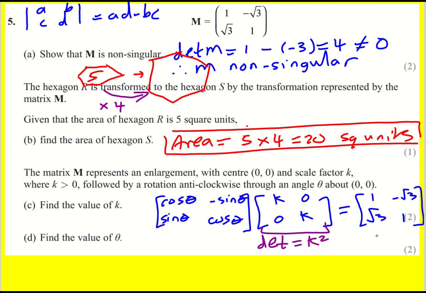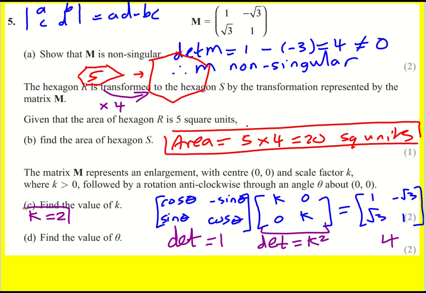But remember, we know that, so we've got 1, that does not affect it, and we've got k squared, and we ultimately get 4, as we know before. And there is a formula that says the determinant of A times B is the determinant of A times the determinant of B, but we can also argue it logically here. So the rotation does not affect the area. This one does by k squared, and overall it's by 4. So k is just going to equal the square root of 4. It's going to be 2.